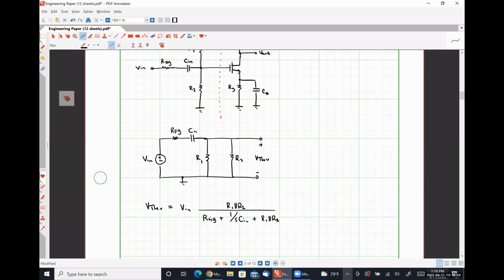We're going to simplify this in just a moment. But does everybody agree that this is what our voltage division equation would give us?